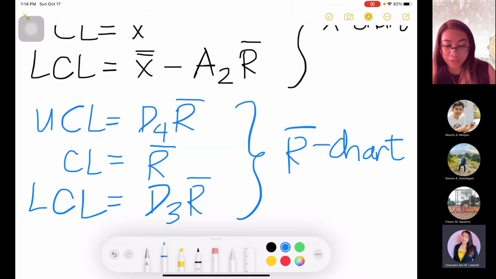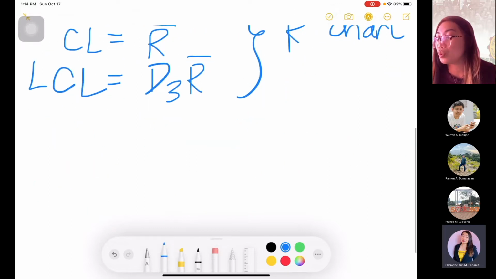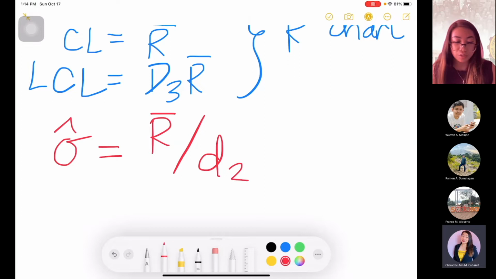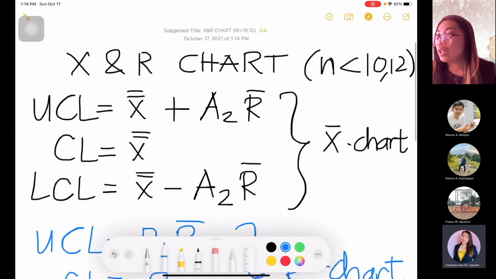And as for the parameters in terms of the sigma hat, there is a sigma hat for this one. It's your bar R over d2. Okay, so we're writing down the formulas first. And then if the given values are, okay, so I'm gonna save this one.